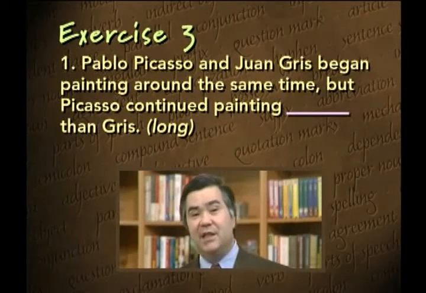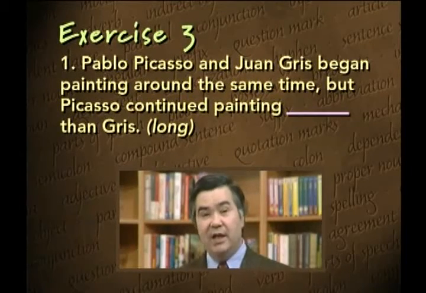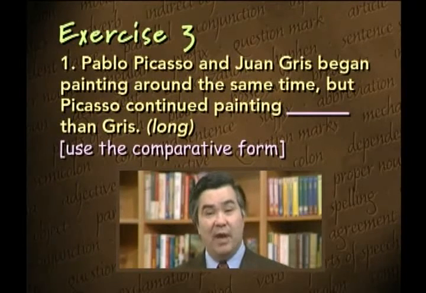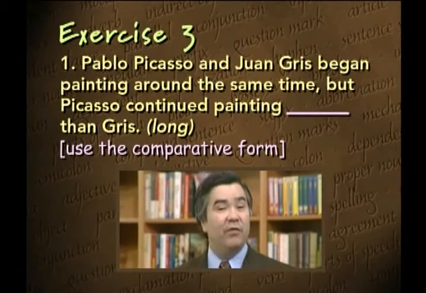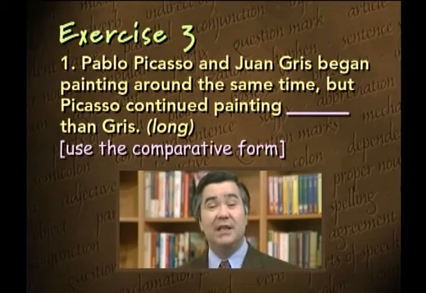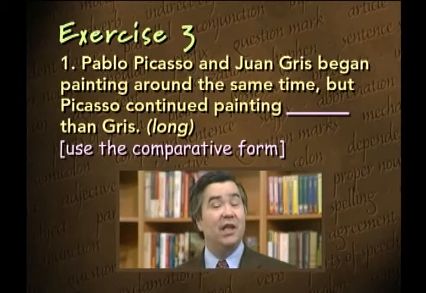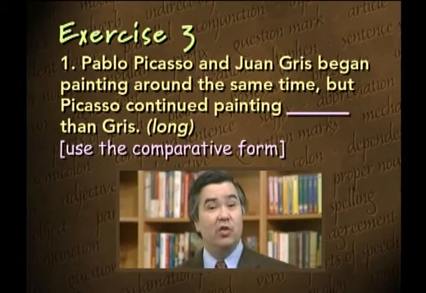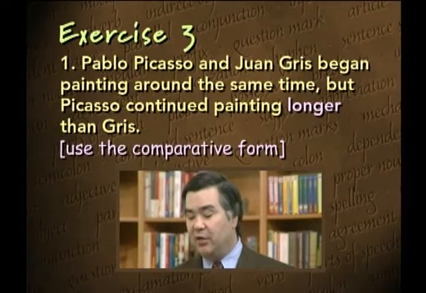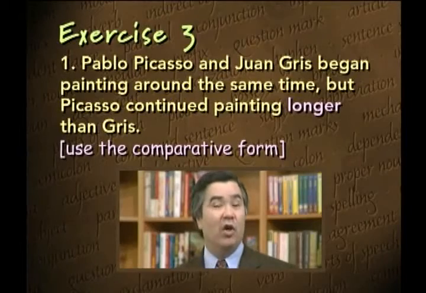Well, in this sentence, it's clear only two things are being compared, Picasso and Juan Gris. And therefore, the comparative form of the adverb would be correct, rather than the superlative. And how do you form the comparative form of the adverb long? Well, it's a one-syllable adverb, and therefore, you simply add the letters ER at the end to turn it into longer. And the sentence would read, Pablo Picasso and Juan Gris began painting around the same time, but Picasso continued painting longer than Gris.